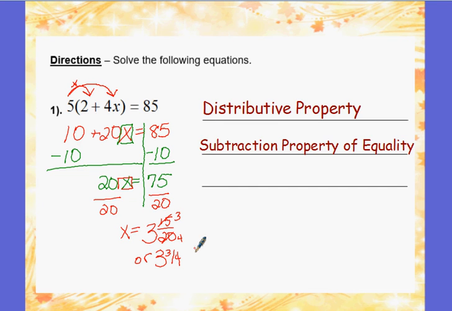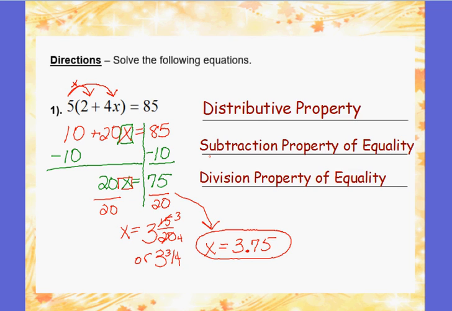However, most of us would use our calculator to divide 75 by 20, and we would find out from our calculator that x is equal to 3.75. Both 3.75 and 3 3/4 are equivalent. You can express your answer either way. This last step was using the division property of equality.